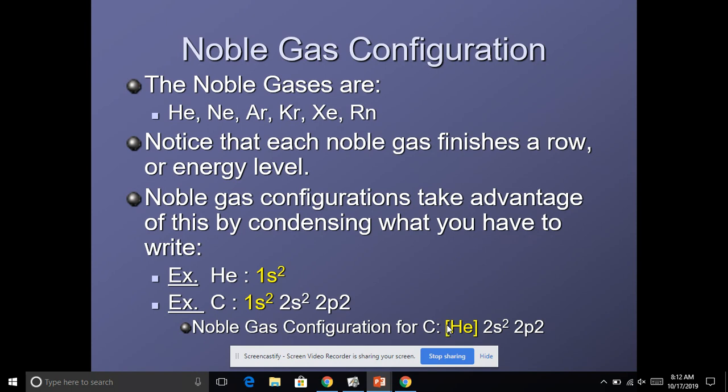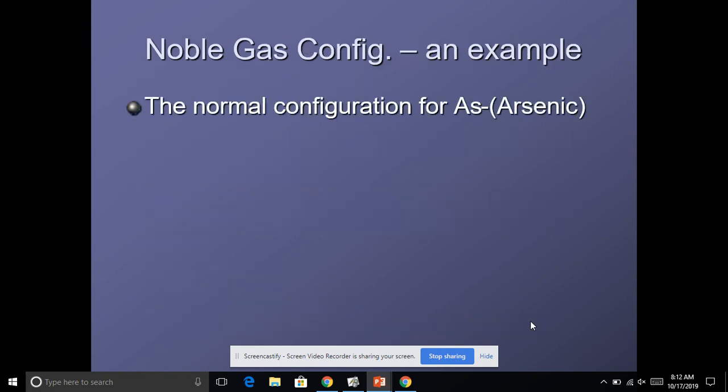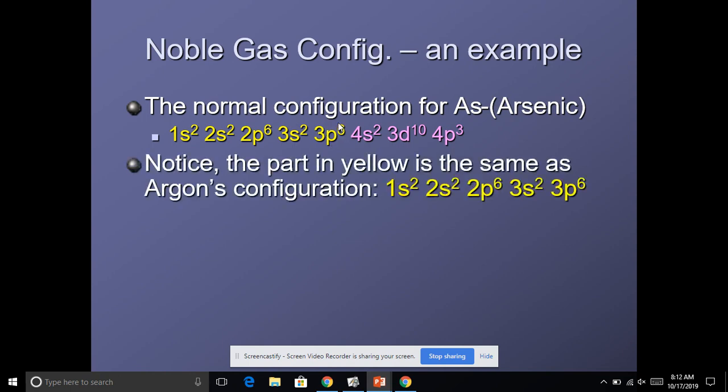And so I would write helium in brackets. You have to put it in brackets or I won't know what you're talking about. Then I write everything that comes after that noble gas. Right here it's not saving you a lot of time. However, if I'm looking at arsenic, where I go all the way to 4p3, I look at my 3p6, because that's my noble gas on the periodic table. Argon would be that noble gas.